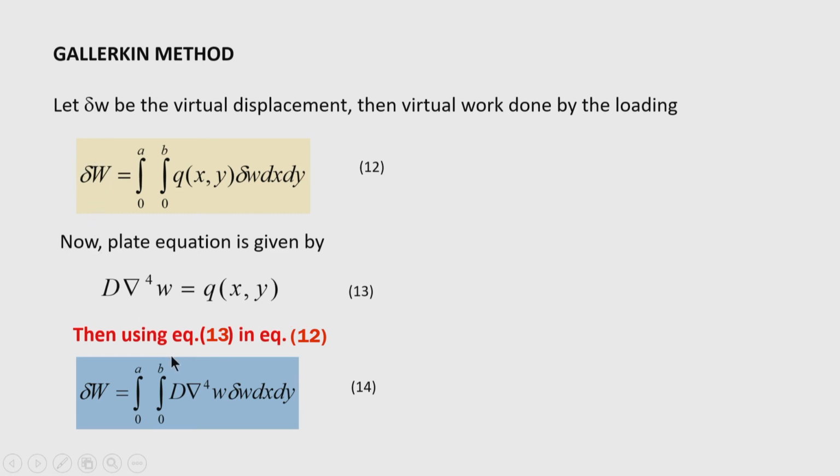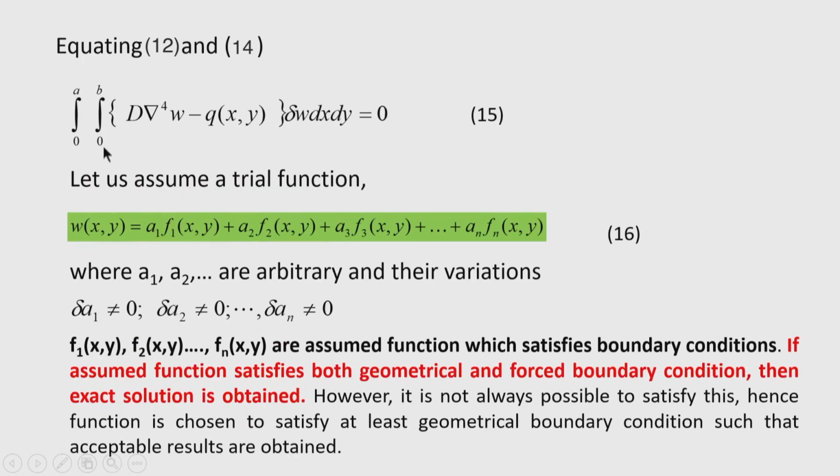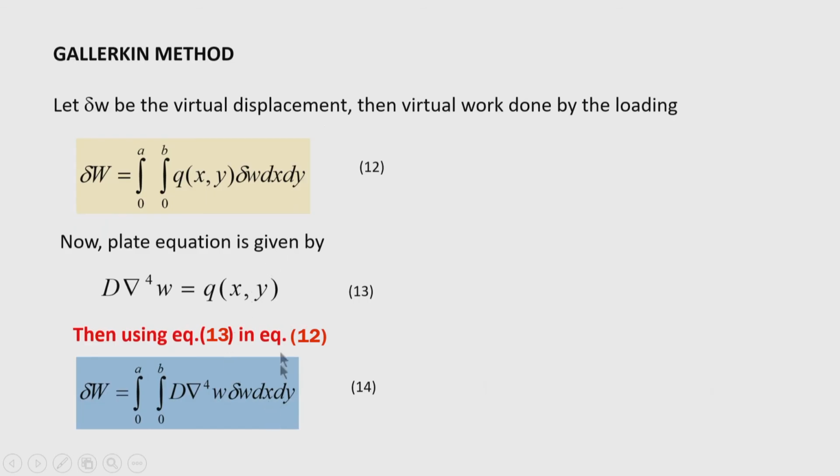So, now equating 12 and 14, we can write this expression D del 4 w minus q(x,y) and delta w dx dy. That means, this expression and that expression are now equated. So, after equating we can write this delta W is equal to this equal to this.